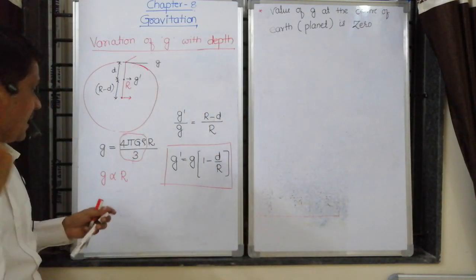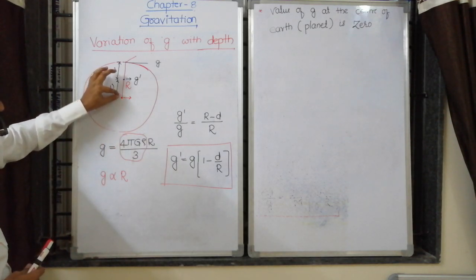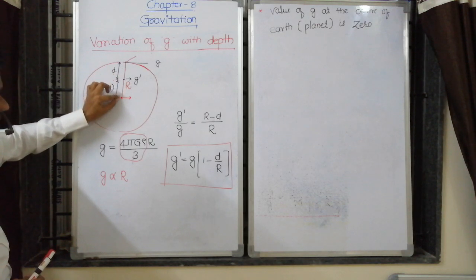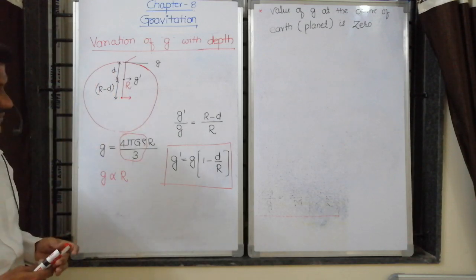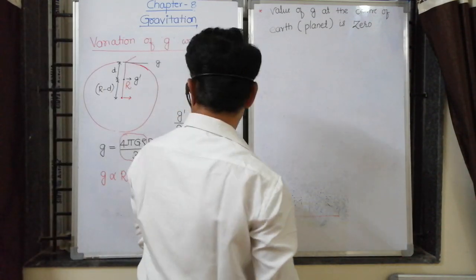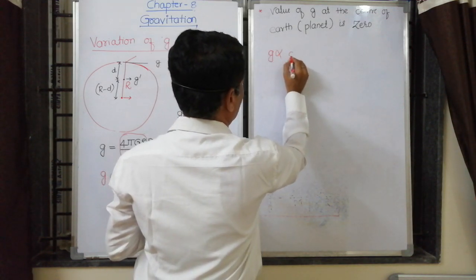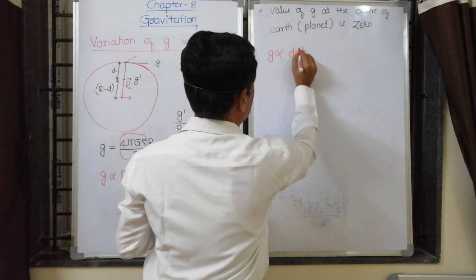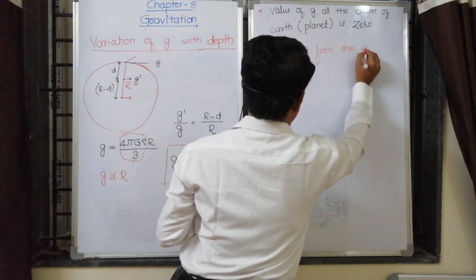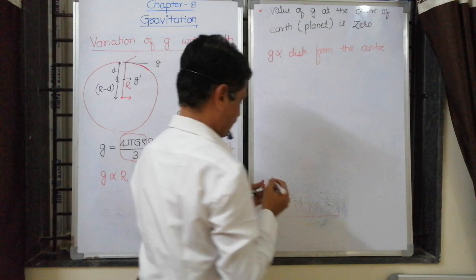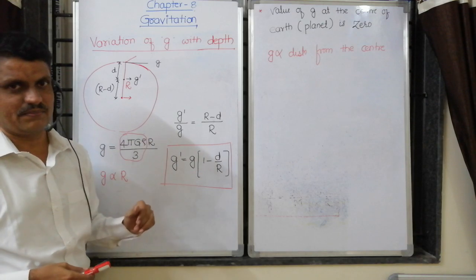Okay, 1 point. And as you know, g is directly proportional to distance from the center. As you move away from the center, value of g goes on increasing. Hence, I can say value of g is directly proportional to distance from the center. Okay. Now, based on this we can go for questions.